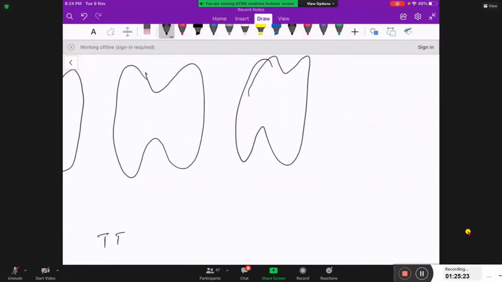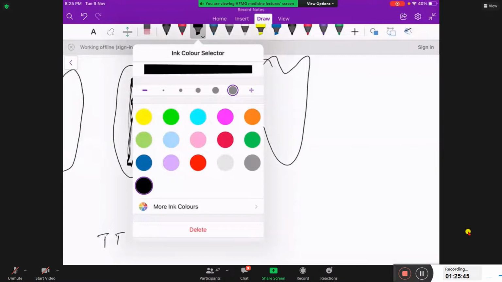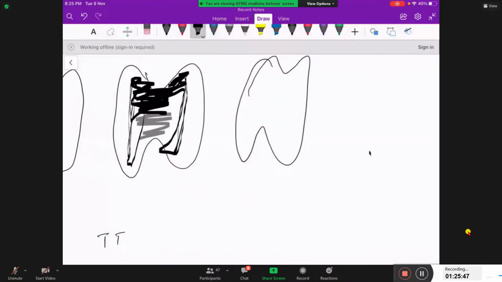Now, if I do this, the area which I am going to shade is the area we are removing. Okay. So if I remove this, what will this surgery be?